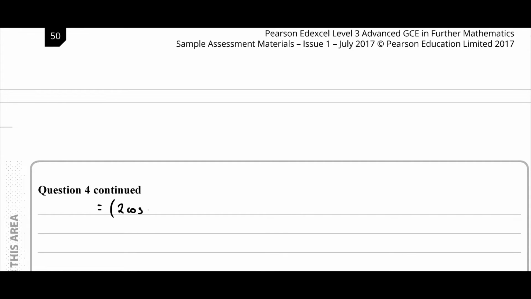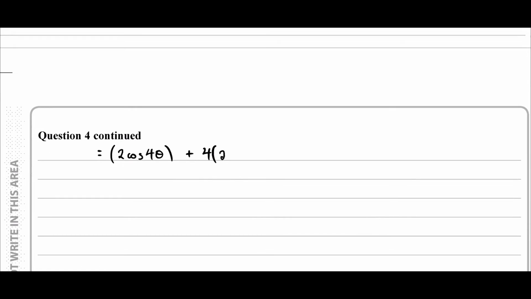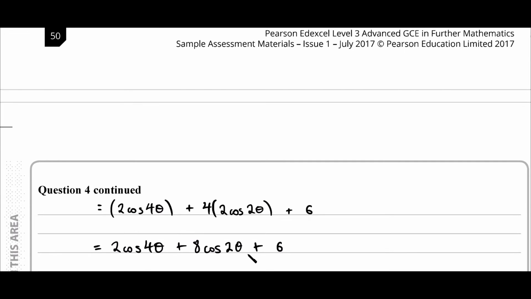4 theta, and then we have 4 lots of z squared plus z to the minus 2, that's 2 cos 2 theta, and then we have plus 6. So if I multiply the 4 into the bracket, we have 2 cos 4 theta plus 8 cos 2 theta plus 6, and therefore all this over here is the left hand side over here.